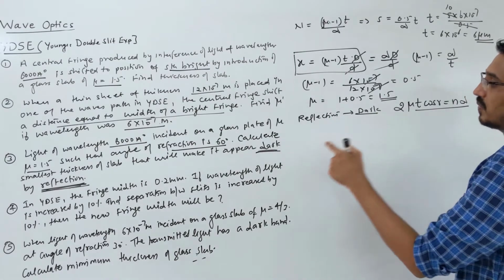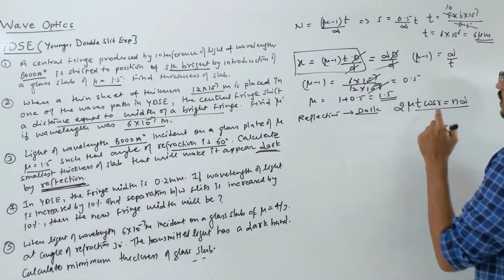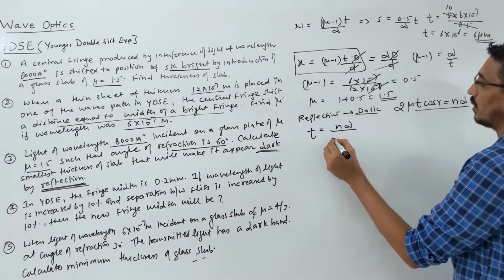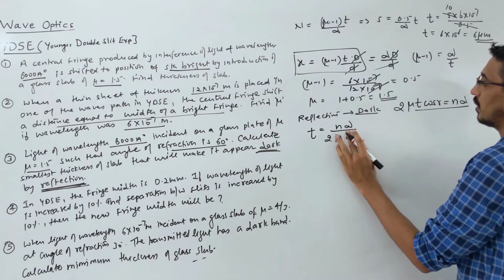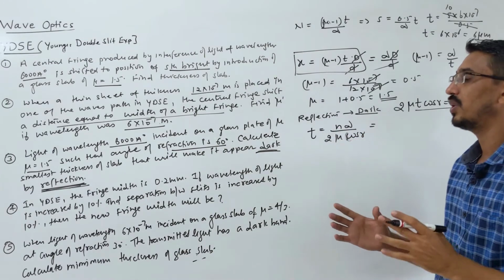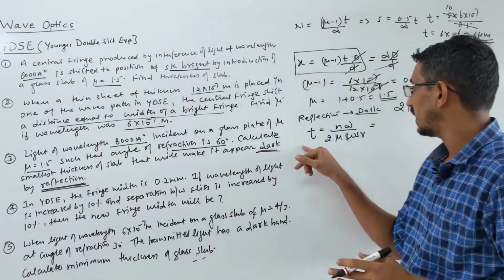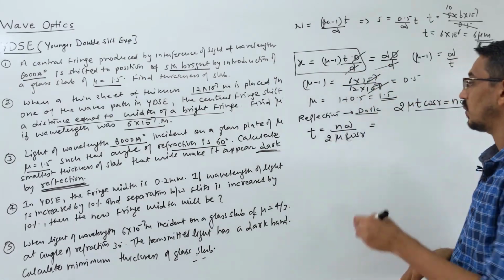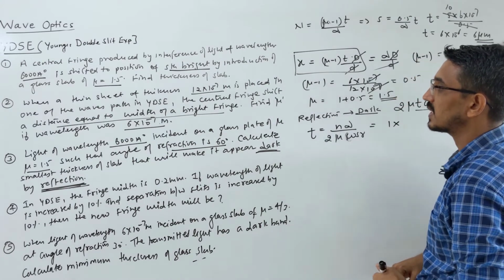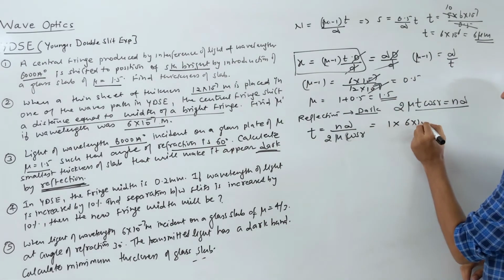They are asking for the thickness. T we want to calculate, so t will be equal to n lambda upon 2 mu cos r. All values are given. We need the minimum thickness, and thickness and n are proportional, so you take n as 1. Wavelength is already given, 6000 angstrom, so 6 into 10 power minus 7.